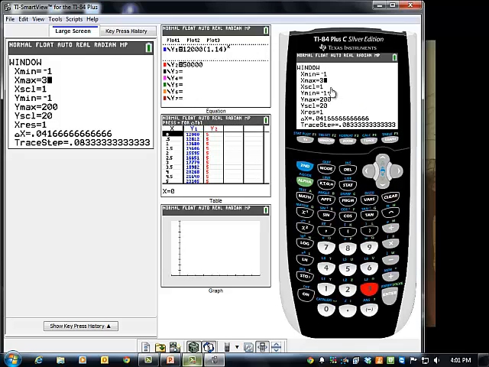Go up to 30 if you want. And our scale, we could go by 5s. The y minimum, remember, is the amount. So the lowest amount that we're going to even deal with here is $12,000. But we want to know how high it gets when it's $50,000.